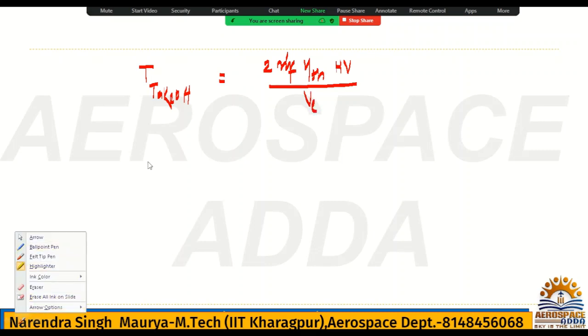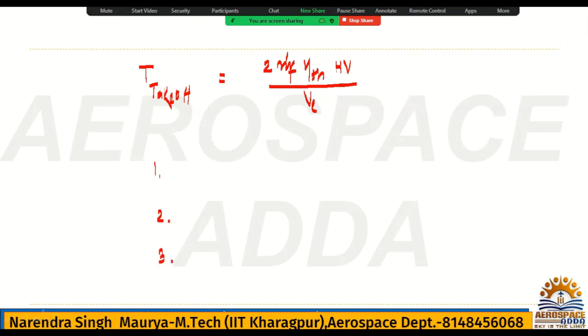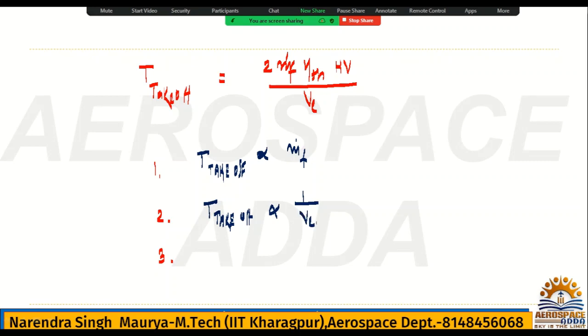See what the points are. Check, the points are: T takeoff thrust is directly proportional to m dot f. Again, T takeoff is proportional to 1 by exit velocity.